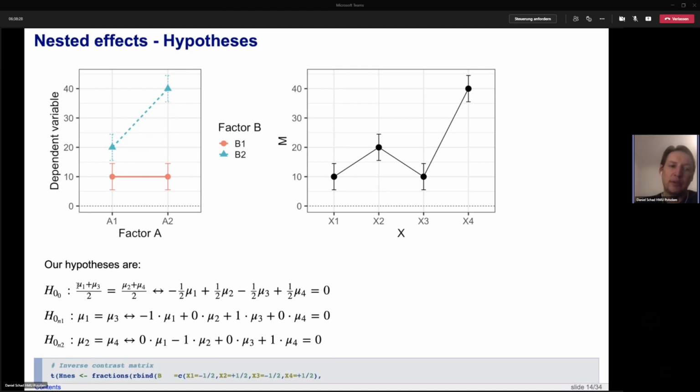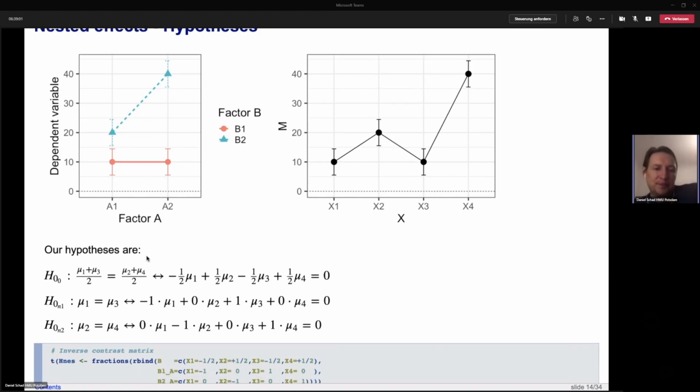So we take the average of mu1 plus mu3 divided by 2, so that's 10. And then we take mu2 and mu4. Mu2 and mu4 are the green line. We take the average of that, it's 30. So the difference is 20, we can already see. And then we code this as the hypothesis. So mu1 and mu3 get a -1/2, and mu2 and mu4 get a +1/2.